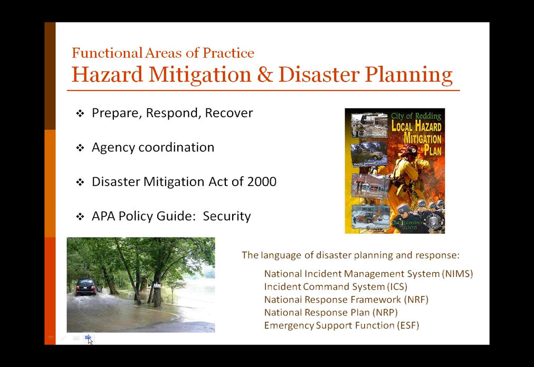Hazard mitigation and disaster planning. The United States keeps getting reminder after reminder about why this is a good thing to be paying attention to. The Disaster Mitigation Act of 2000 put some things in place, and events that have happened since then have shown that we don't necessarily have everything down.